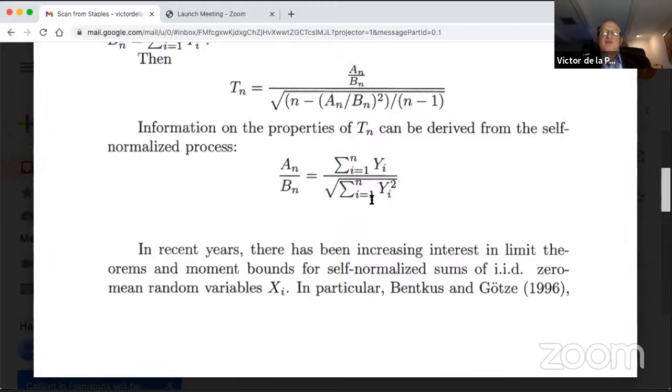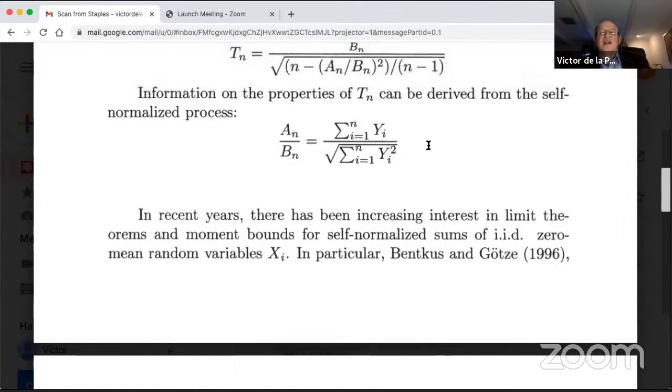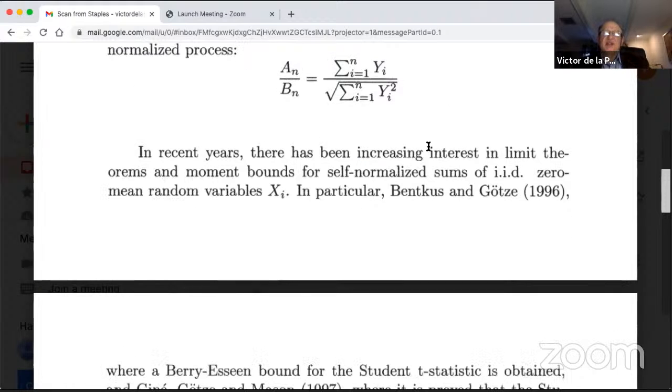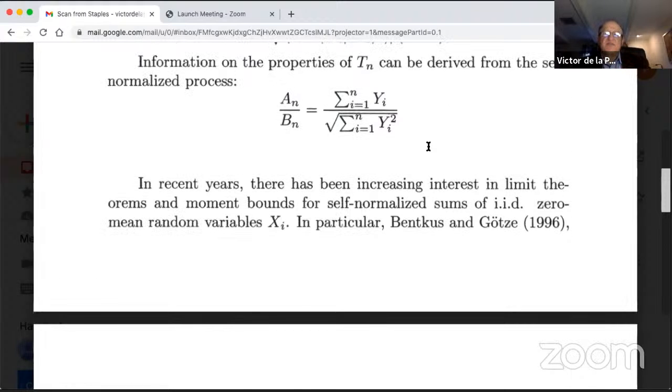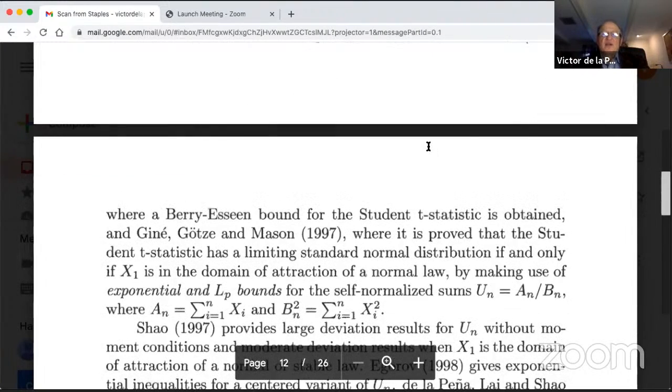What about the sum of the Yi squared over the square of the sum of Yi's? If I flip this, basically you get Taylor's law. So Taylor's law can be viewed as a self-normalized process, and similar techniques to the ones developed in this paper are then used to develop theory for Taylor's law.